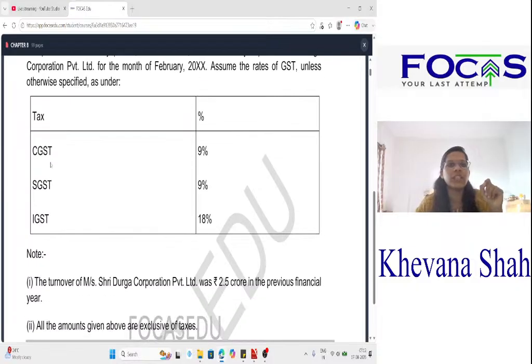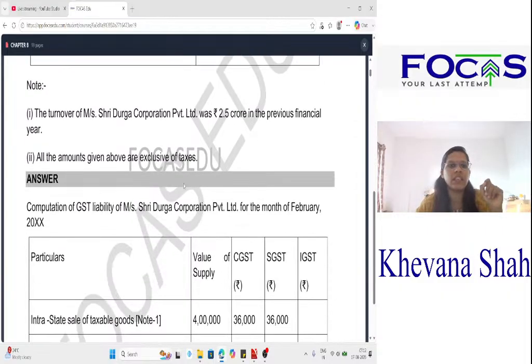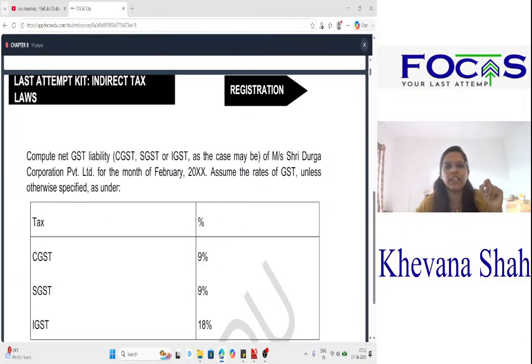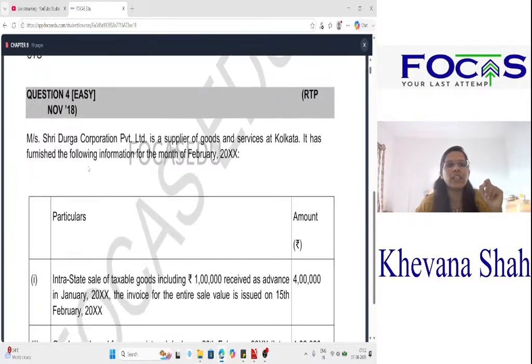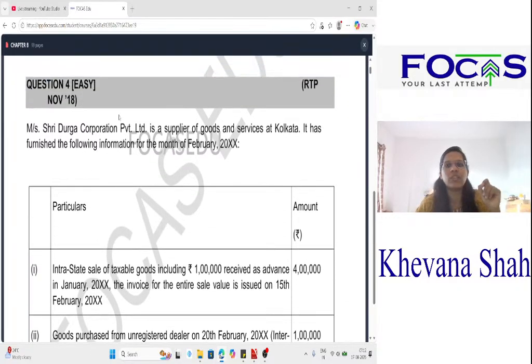And the rates of GST we are given: CGST 9%, SGST 9% and IGST 18%. The turnover of Messrs. Sri Durga Corporation Private Limited was 2.5 crores in the previous financial year and all the amounts given below are exclusive of taxes. Kindly calculate the GST liability for this.